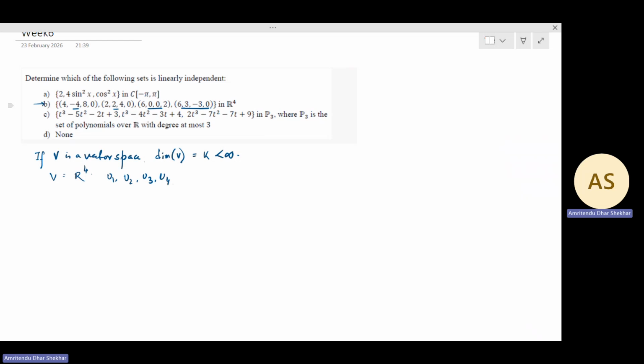If it is not independent, then there exist constants alpha 1, alpha 2, alpha 3, and alpha 4, not all of which are equal to 0, such that alpha 1 v1 up to alpha 4 v4 is equal to 0. These constants are not all 0.